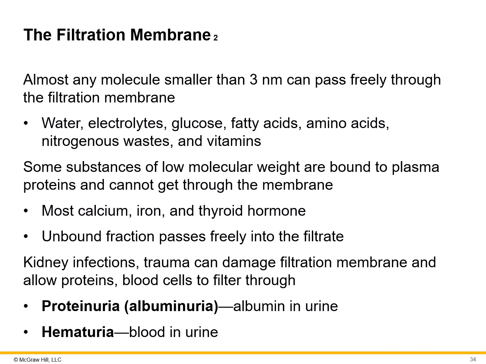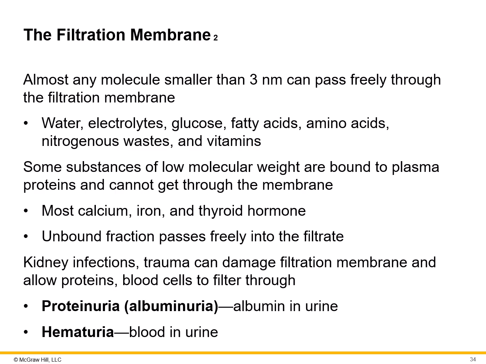So how much can we filter out? Well, if you are smaller than 3 nanometers, you can freely make it through the filtration membrane. So a lot of stuff is smaller than 3 nanometers. Water, electrolytes, that's your sodium, chloride, potassium, glucose, fatty acids, amino acids, wastes, vitamins.